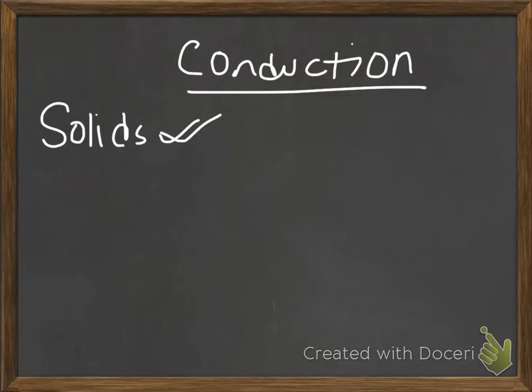Not only solids, even some liquids are also good conductors of electricity. So first, what is conduction? Electrical conduction, or conductivity, is a measure of the ability of a substance to allow the flow of an electric current.